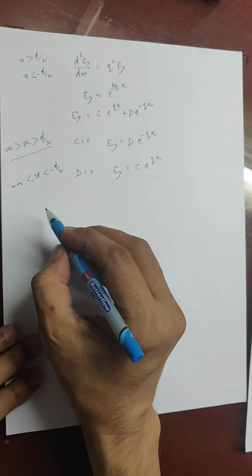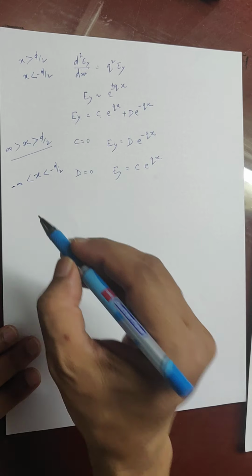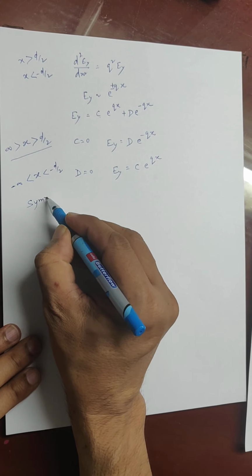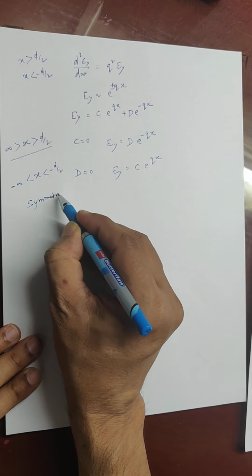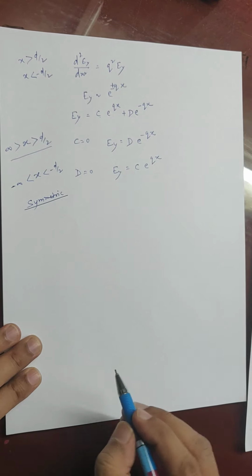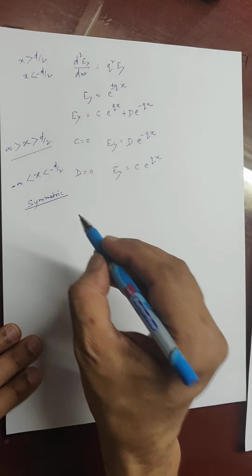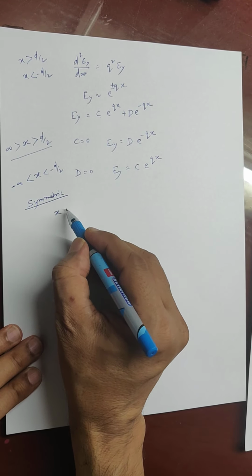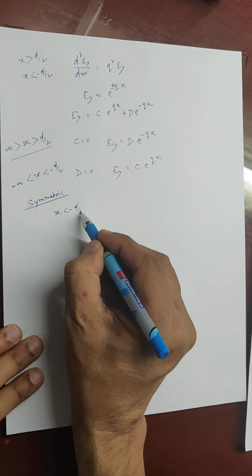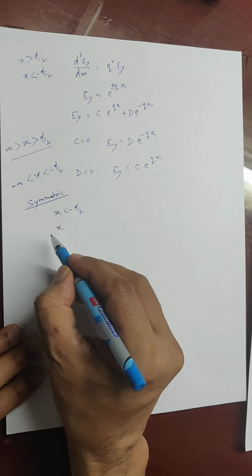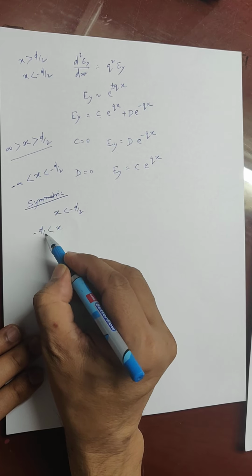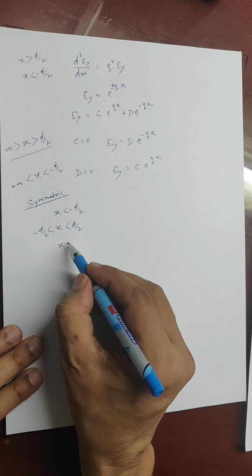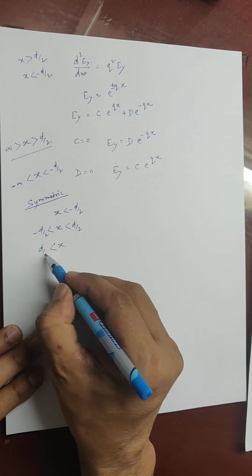Okay, so now we can write the two solutions, that is symmetric and antisymmetric solution. For the symmetric solution, we saw that there are three regions now: x less than minus d by 2, then x between minus d by 2 and plus d by 2, and then x greater than d by 2.